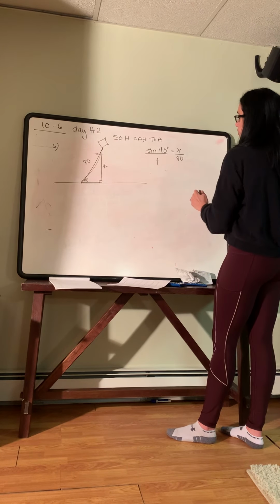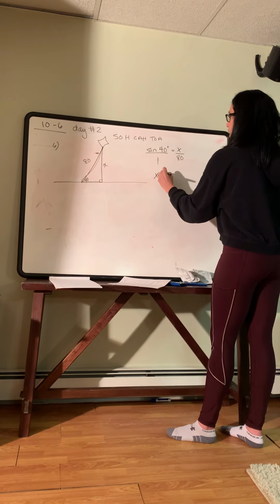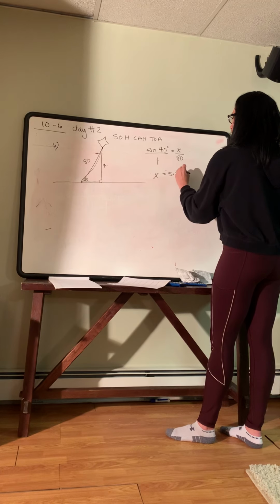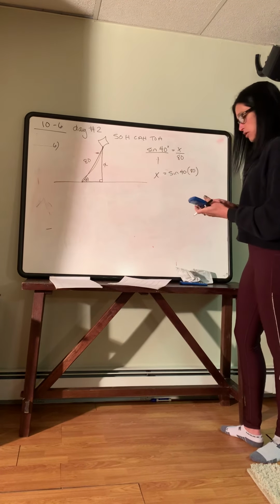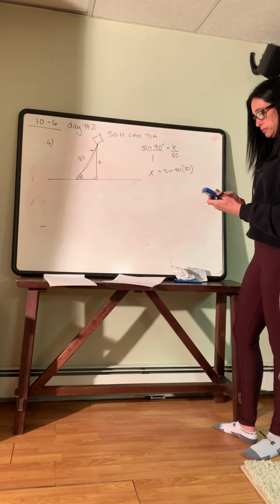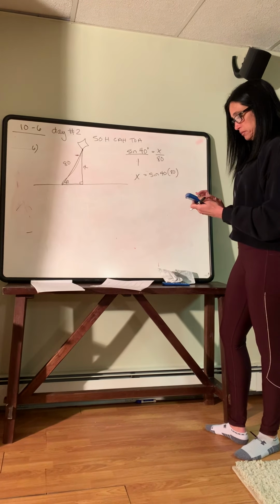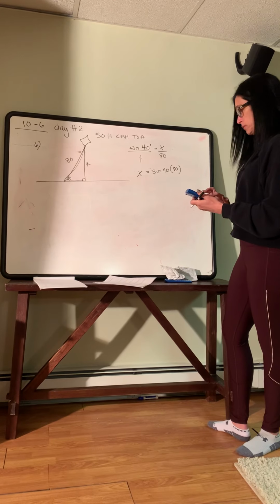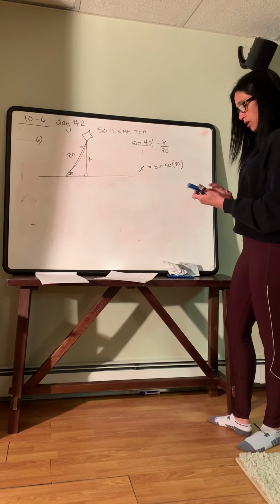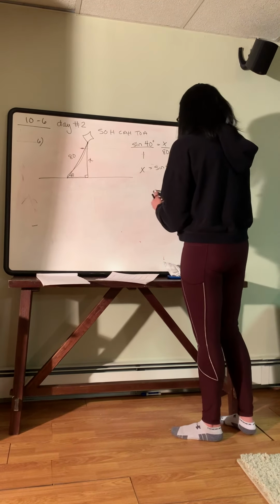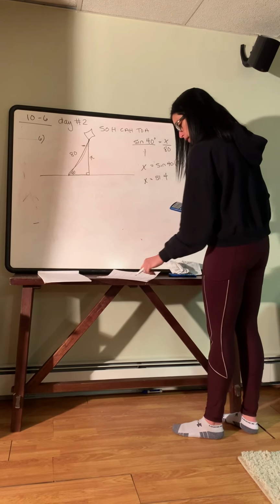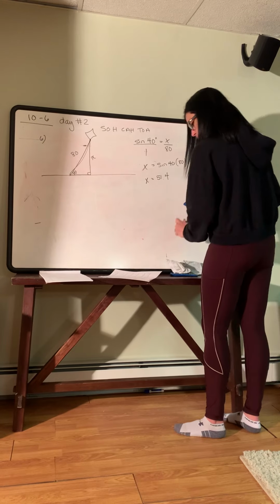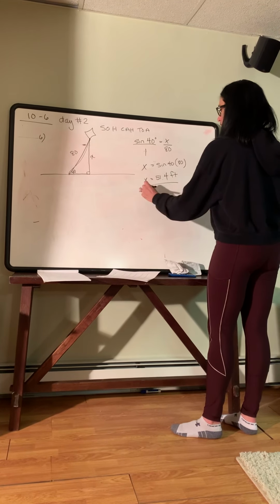Make it a proportion, cross multiply, we get x equals sine of 40 times 80. Put that whole thing into your calculator. Round it to the nearest tenth, and we get x equals 51.4 feet. That's it.